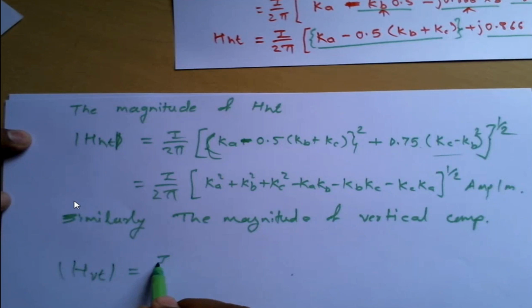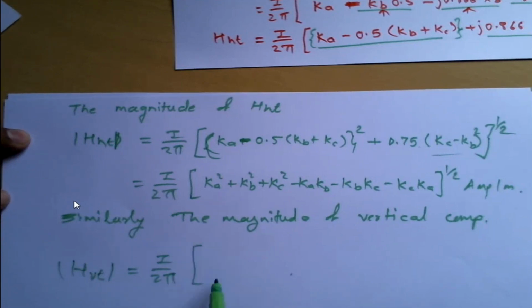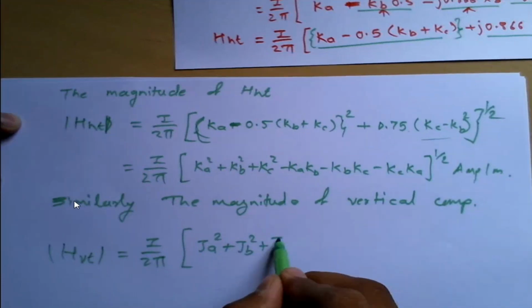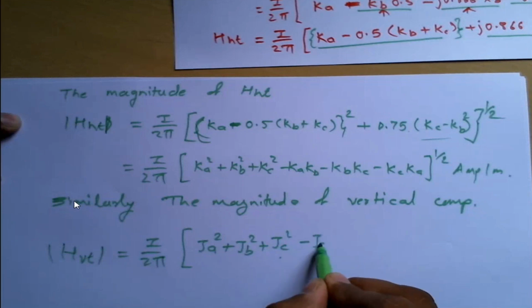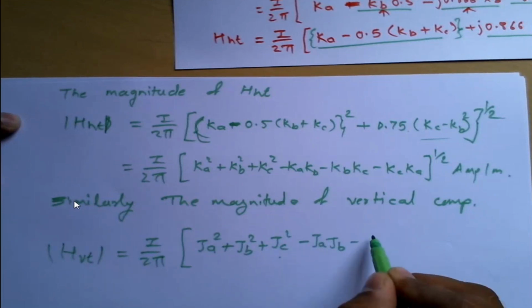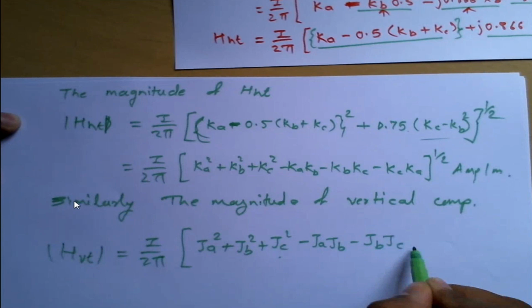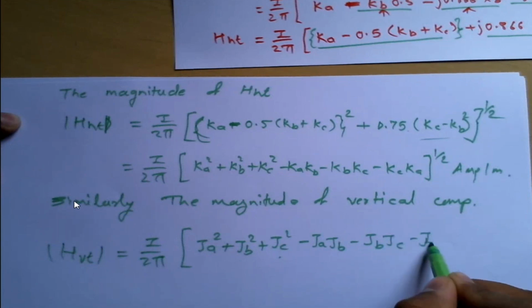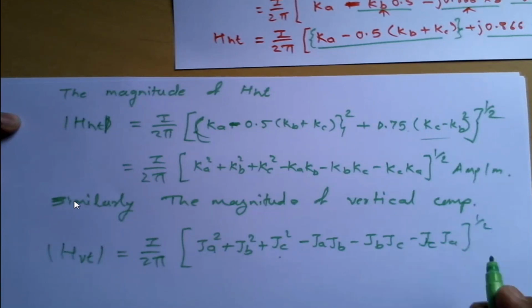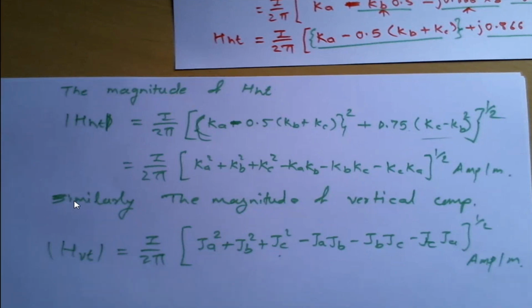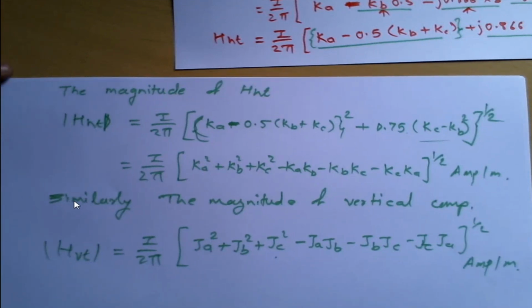It will be I upon 2 pi, same like this one, Ja square plus Jb square plus Jc square minus Ja Jb minus Jb Jc minus Jc Ja inside the square root. It is also in ampere per meter. So these are the magnitudes of H of Vt and H of St, that is the vertical and horizontal components.